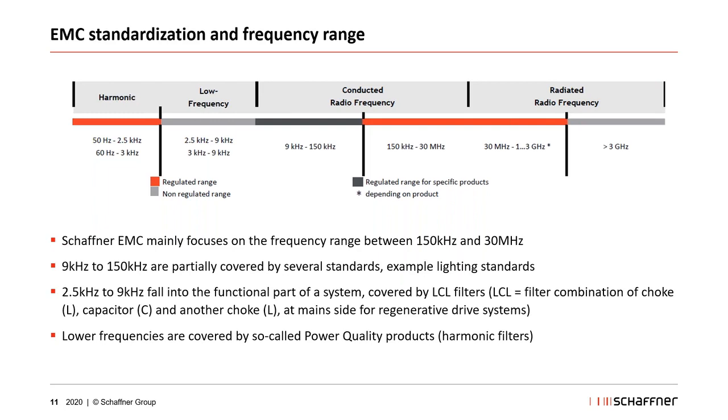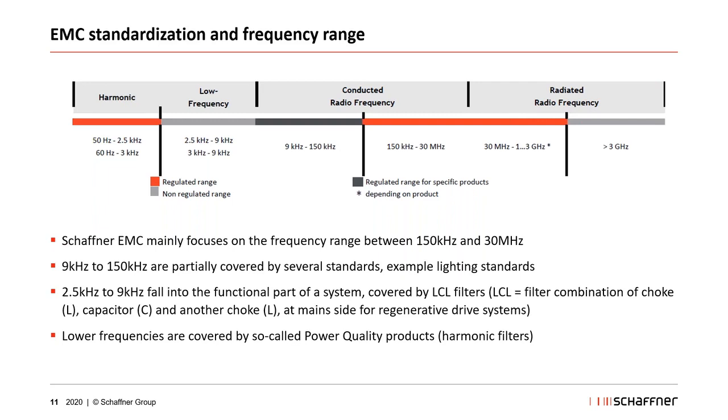If a drive system is regenerative and can feed power back to the grid, then the LCL filter is needed for this to be possible. So this is why it's a functional part of the system. In general, EMC filters are not a so-called functional part of the system, but they are parts of the system to be consistent with the standards you see later on.